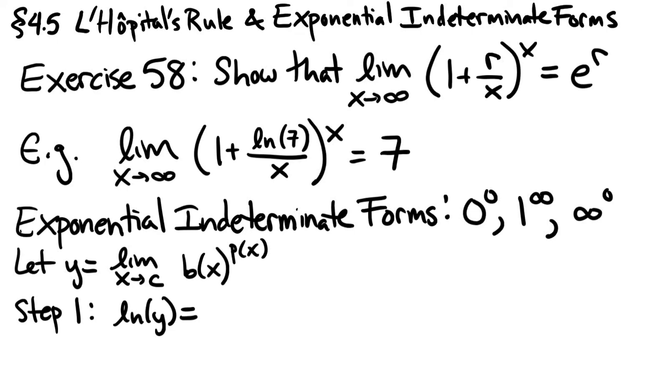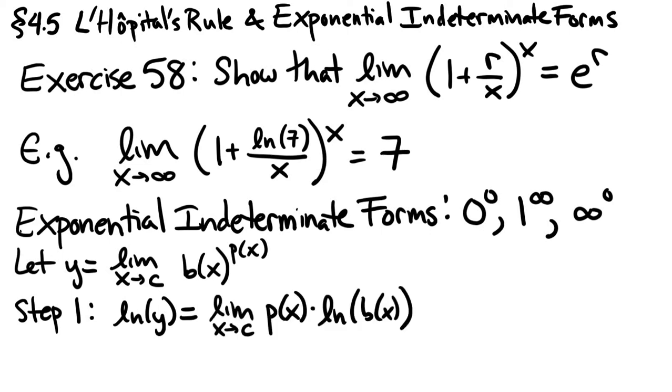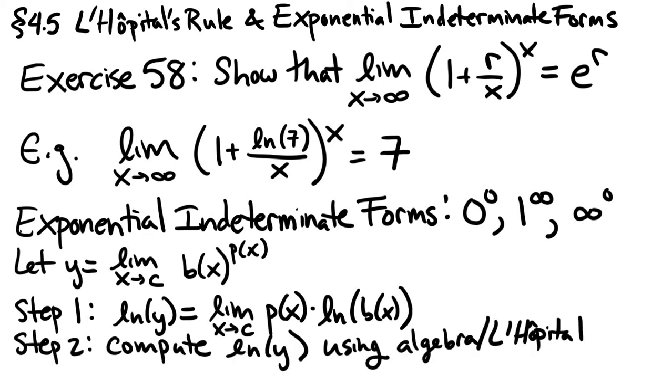First, in step 1, we're going to want to use log rules and the fact that natural log is continuous to rewrite ln y as the limit of the power function times the natural log of the base function. Then, in step 2, you're going to want to compute that limit that gives you ln of y using the tools we already have, algebra, L'Hopital's rule. And finally, in step 3, you're going to compute y, our original target, by raising e to that power we got in step 2, raising e to the natural log of y.